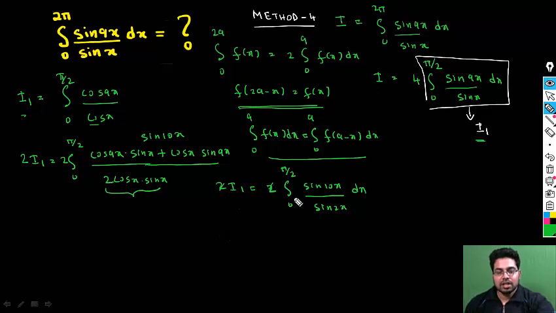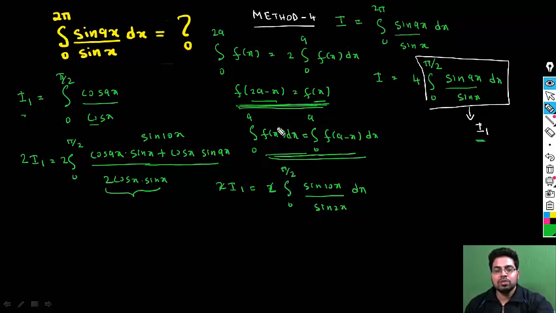It is very important to note that if I again apply this property, f of 2a minus x is equal to f of x, that means if I replace x with pi by 2 minus x, this will be followed.